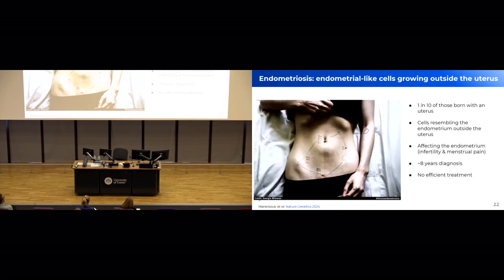To start looking at this disease, and this is what I'm going to present here, we were not looking into the lesions, where the tissue grows. We were just looking at the uterus from people with and without endometriosis, because there is evidence that something is altered in the uterus itself, as those women are also linked to infertility and a lot of menstrual pain.